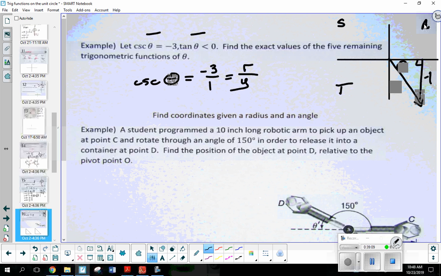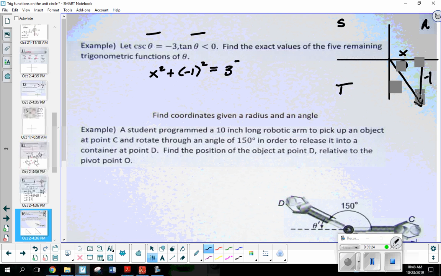So now that I have two sides of the triangle, how do I find the third? Pythagorean theorem. Okay, so I'm looking for x. So this would be x squared plus -1 squared is equal to 3 squared. x squared plus 1 is equal to 9.